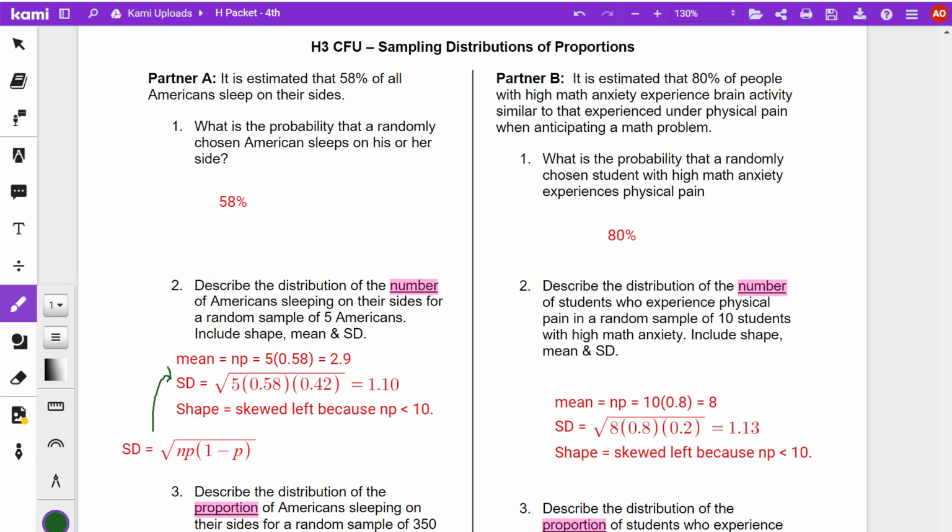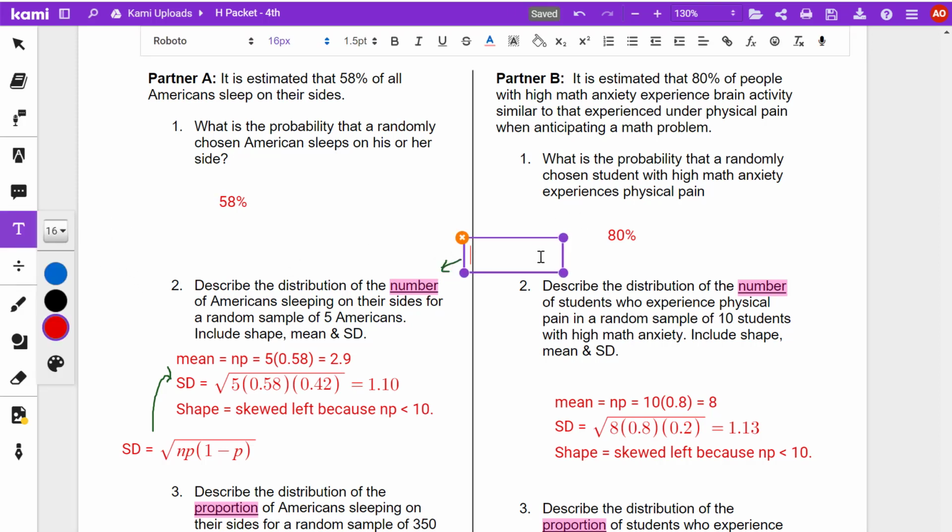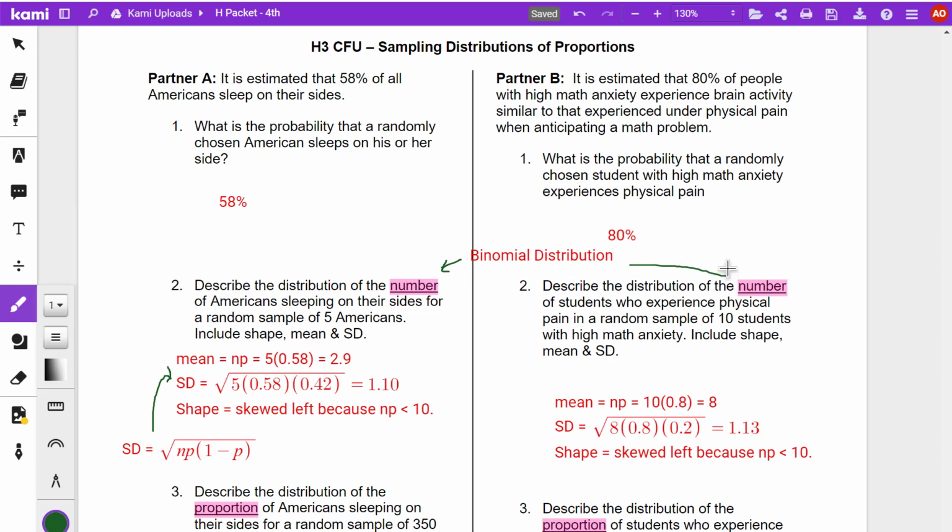Let me make a note here. That means binomial distribution. Now, you can use a normal distribution to approximate a binomial distribution, but we're starting with a binomial and we need it to calculate our mean and our standard deviation.